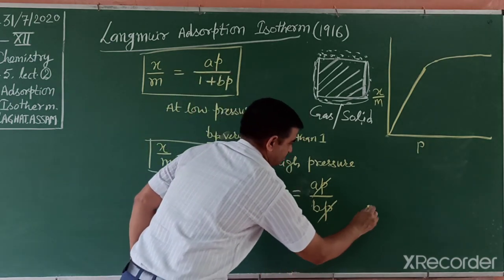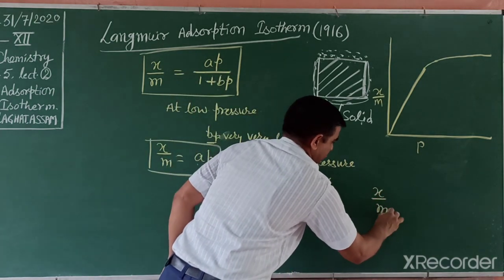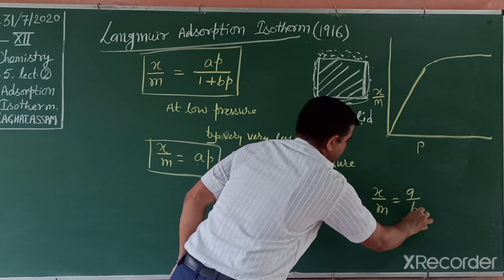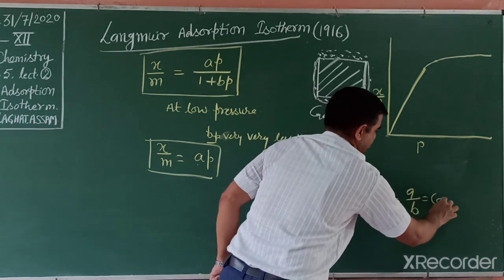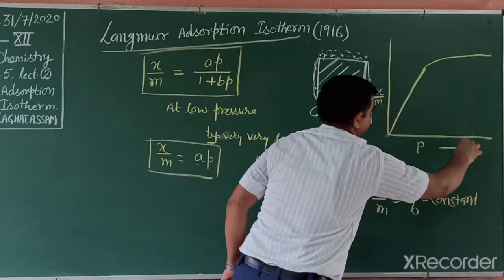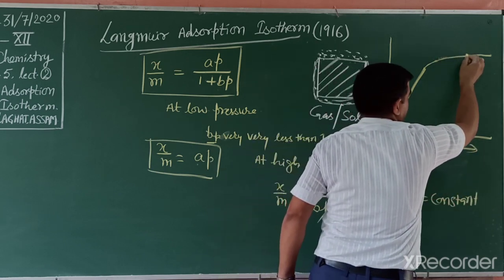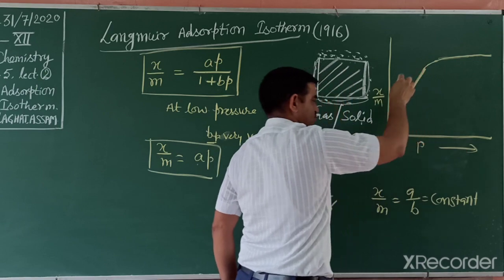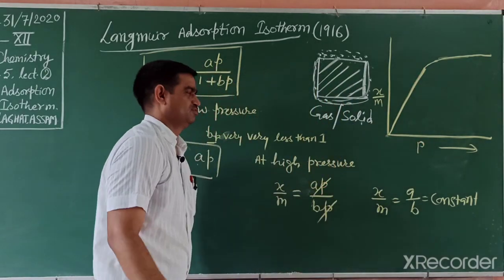So we write x by m is equal to a by b, which is a constant. So at high pressure this value is a constant, and at low pressure it is directly proportional.